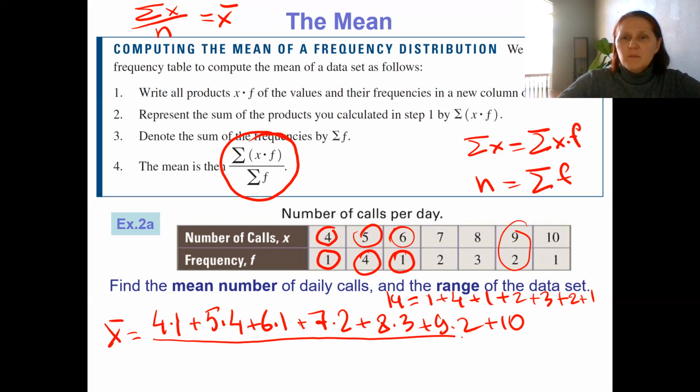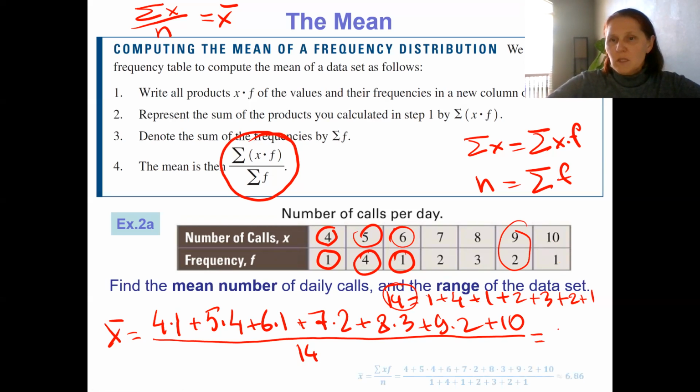And we divide by the number of the days, 14, or this sum of frequencies, which is approximately 6.86. 6.86 is the average number of calls per day during these 2 weeks.